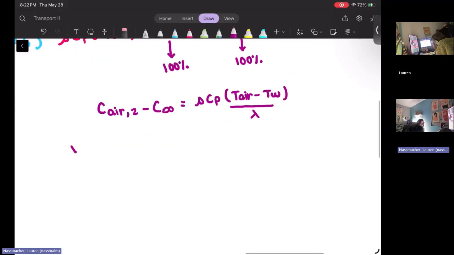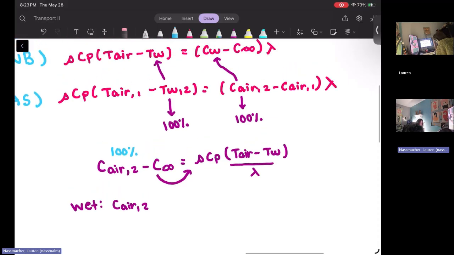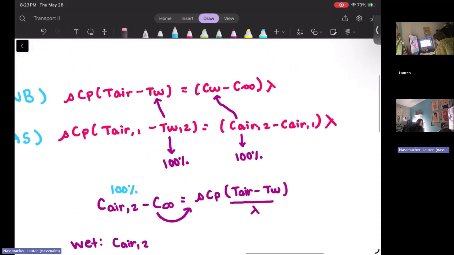So for our wet bulb, all we're going to do is add concentration of our air. Because this is 100% concentration, that's going to be wet. Versus this concentration is 100% air, so it's going to be completely dry.